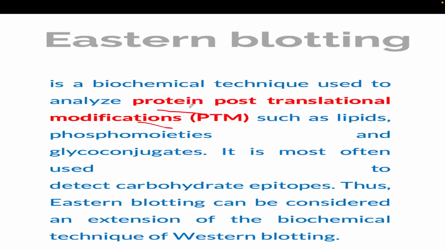Suppose a lipid molecule or a carbohydrate is attached to the protein; this type of detection you can identify by eastern blotting. So it is the extension of western blotting.